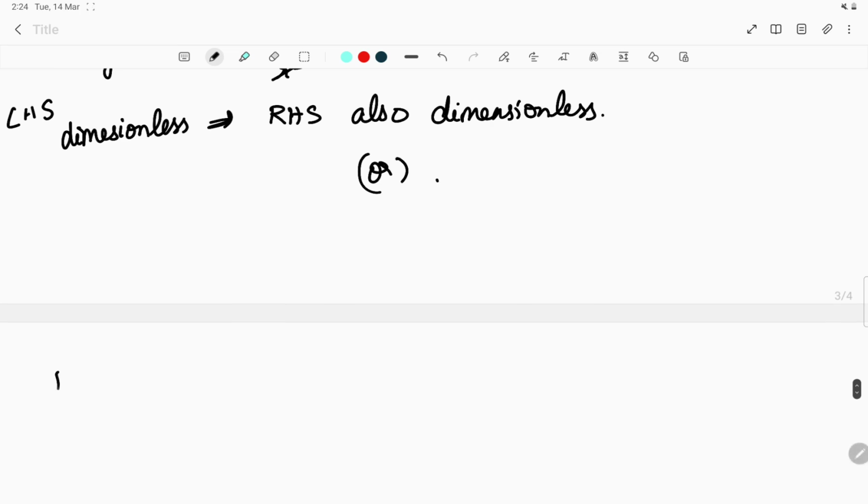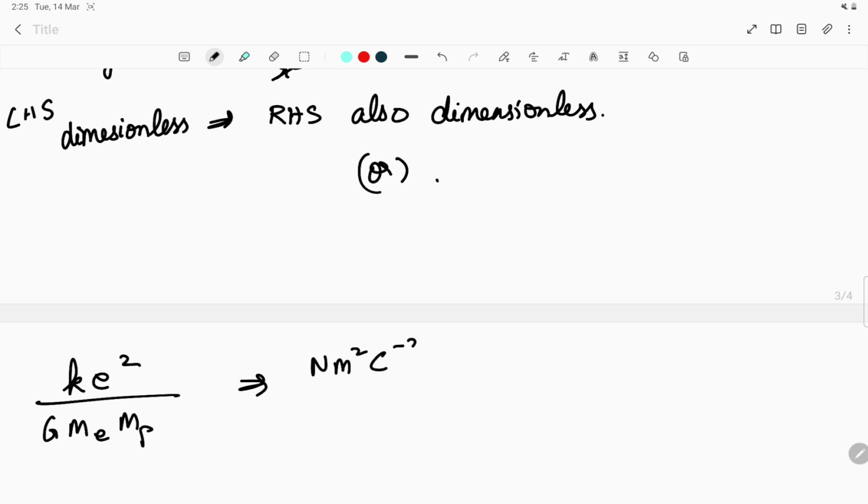So here I have the ratio k into e² divided by G into mE into mP. What is the unit of each term? We can just substitute that. The unit of k is newton meter² coulomb⁻², multiplied by e², which is coulomb², because it is a charge.